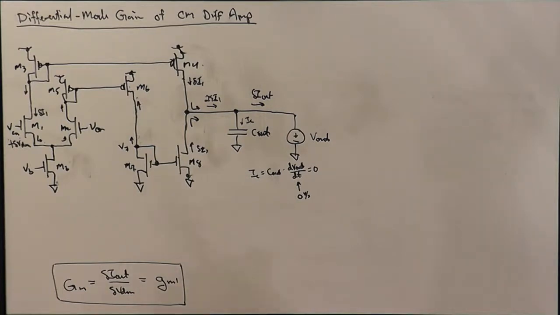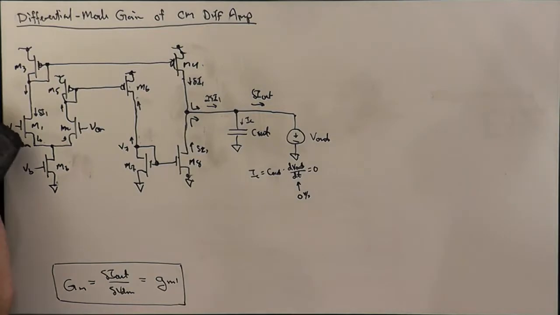Just like that, with a capacitor, when we're holding the voltage across it fixed, there's no dV out dt, there's no current flow through the capacitor. Okay? So here, delta I out is still 2 delta I1, and the GM of the circuit as a whole is still GM1, little GM1. Okay, so that part of the calculation has not changed at all by the presence of that capacitor there.